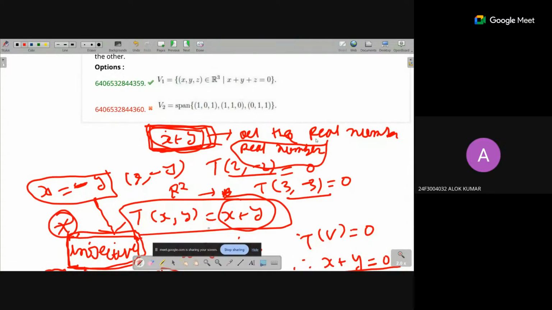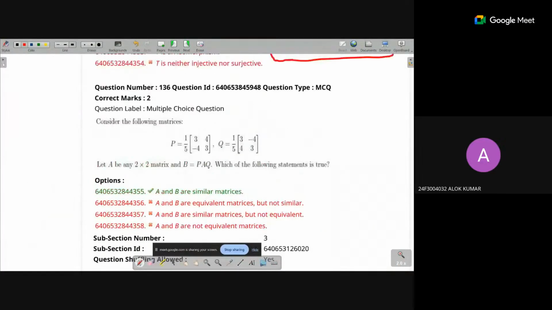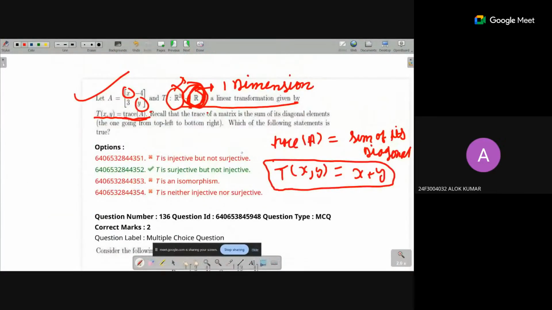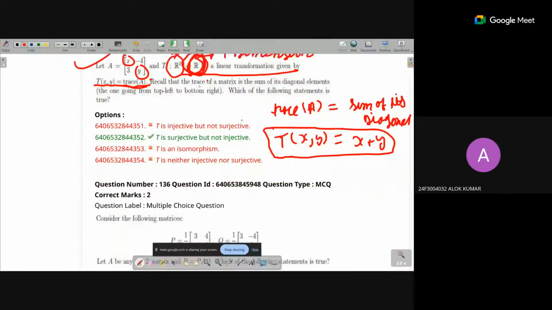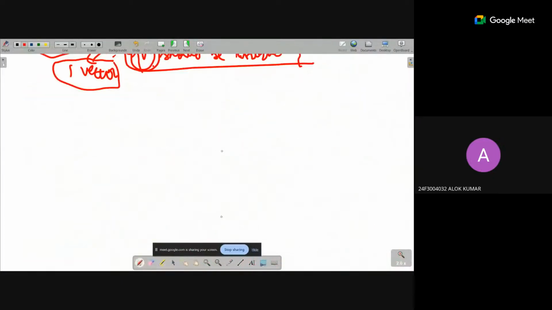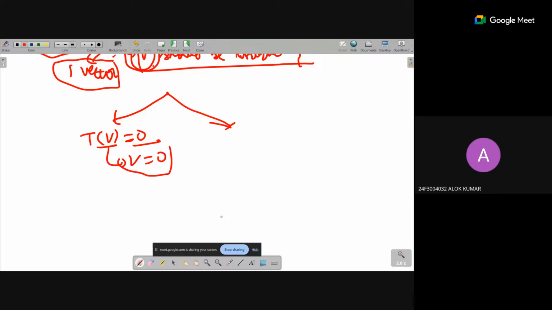It means that the linear transformation is a surjective function but not an injective function. So from here we can know two conditions. First is injective. When the transformation is injective, suppose we check T of B: we put B and see 0, and only one vector, that is B, must be equal to 0.